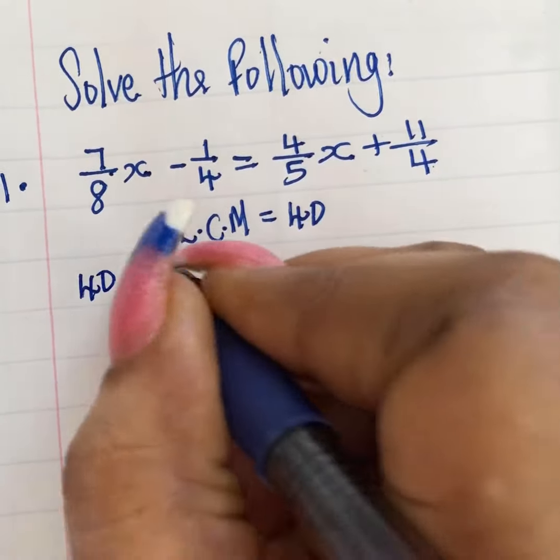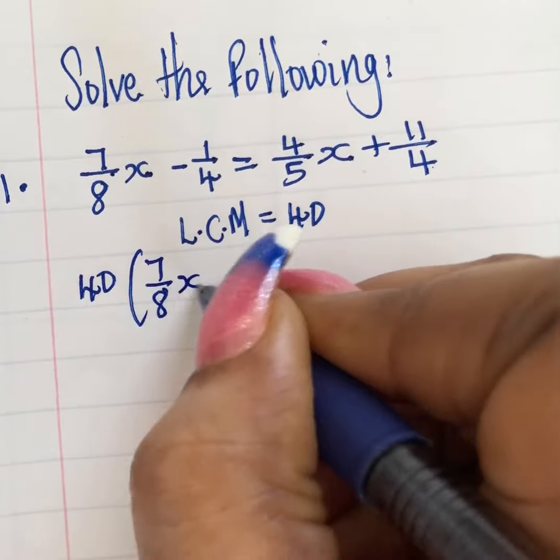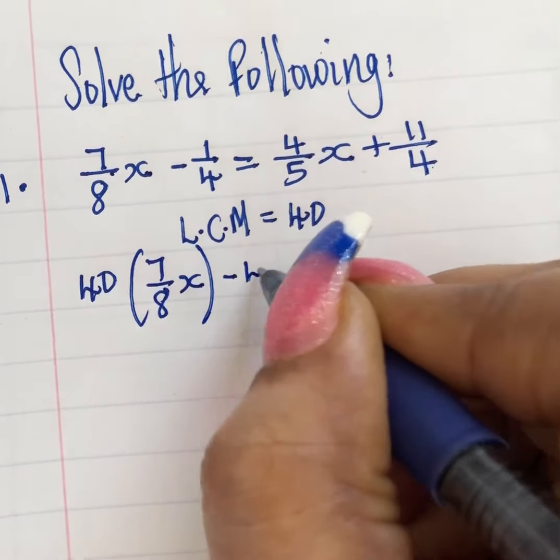Multiply each fraction, 7 over 8, by 40.